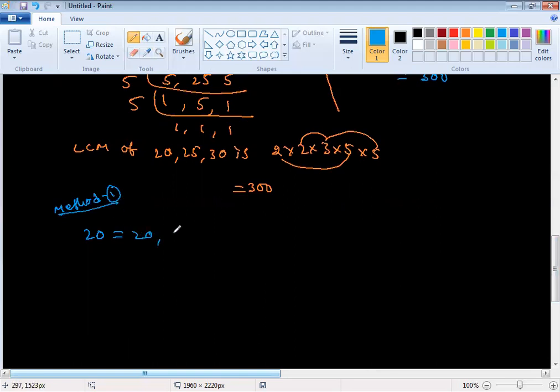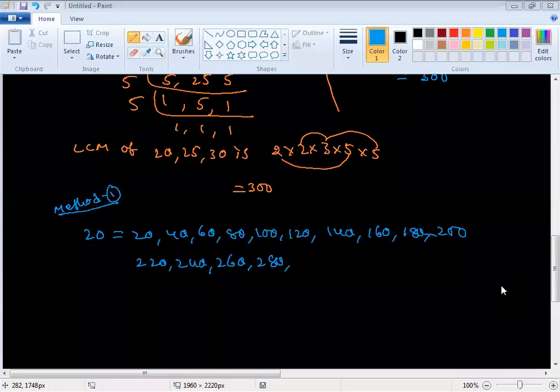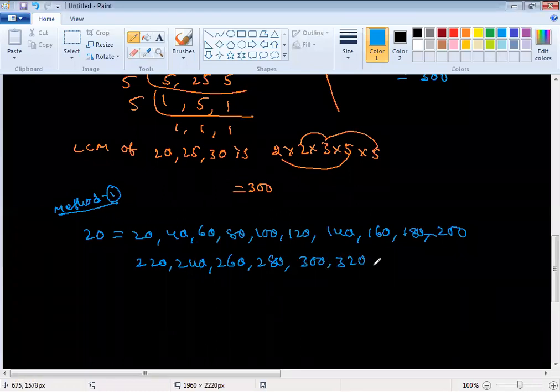Multiples of 20: 20, 40, 60, 80, 100, 120, 140, 160, 180, 200, 220, 240, 260, 280, 300, 320, and so on.